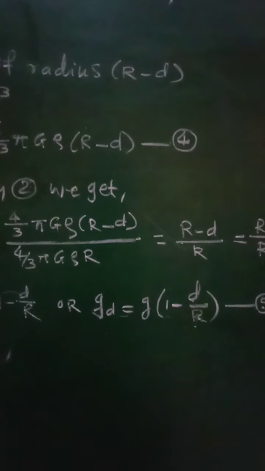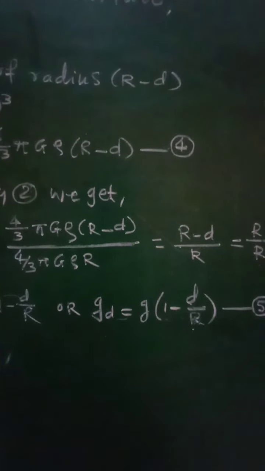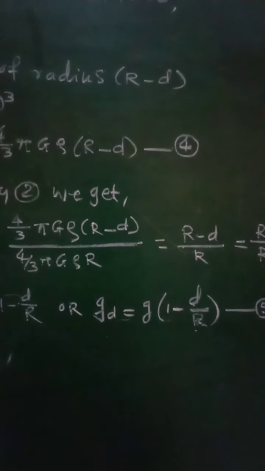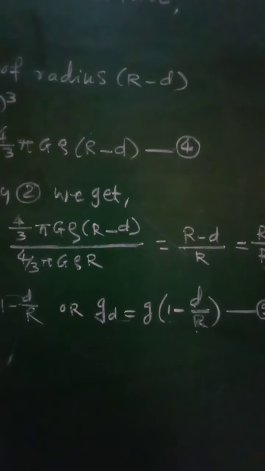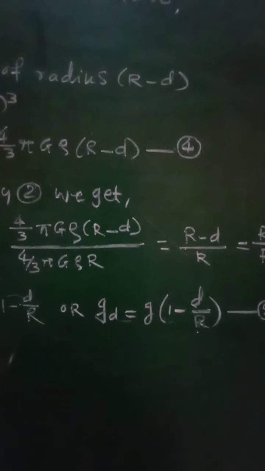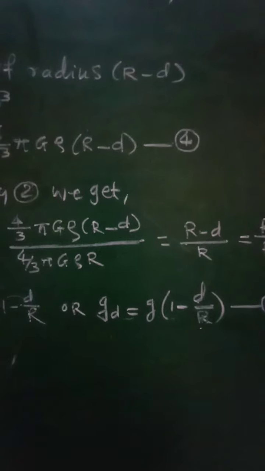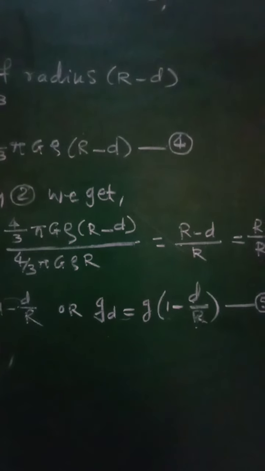Therefore if any body is taken to the center of the earth, its weight will be equal to 0, because weight w equals m into g. As g is equal to 0, the weight of that body will be equal to 0 at the center of the earth only.